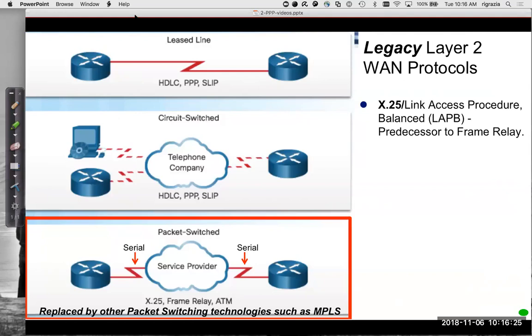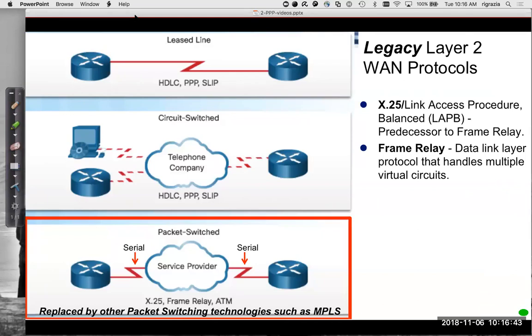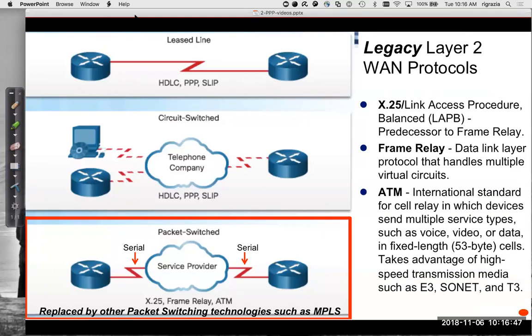When we're talking about some legacy layer 2 packet switch protocols, there's X.25, which used to be one of the mainstays of early service provider packet switching, which was later replaced by frame relay and ATM, but all three of these are pretty much legacy.